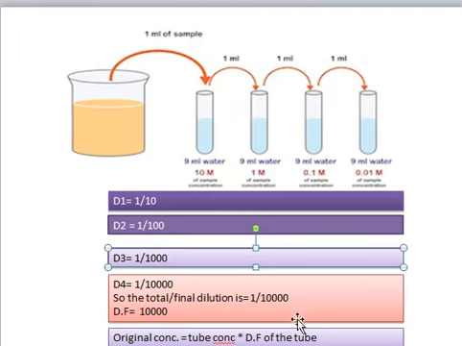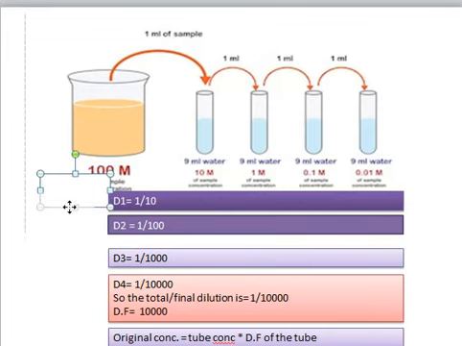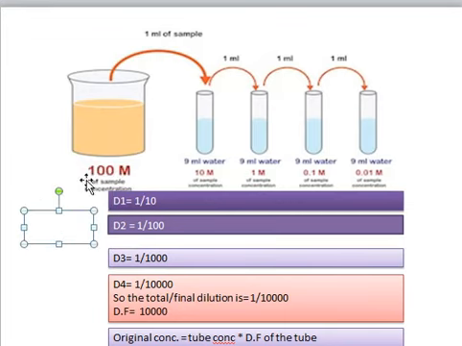If I take tube 1, the original concentration is 10 molar multiplied by 10, the dilution factor of tube 1, which is 100 molar.